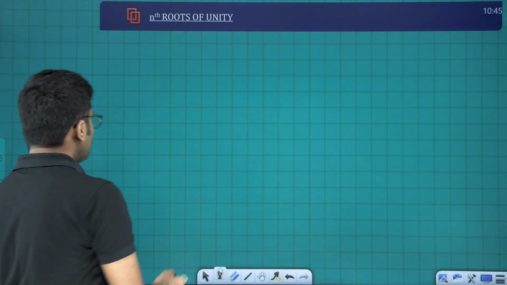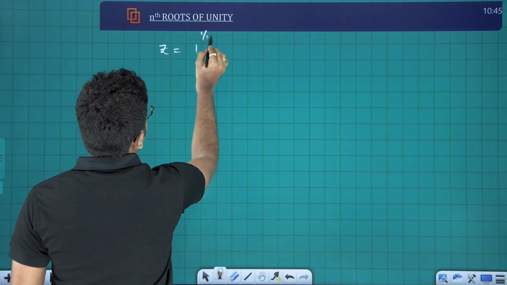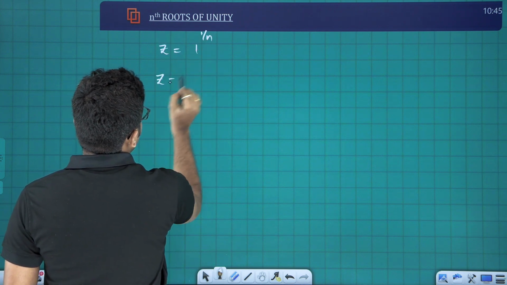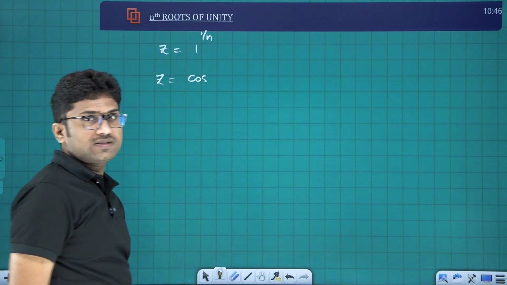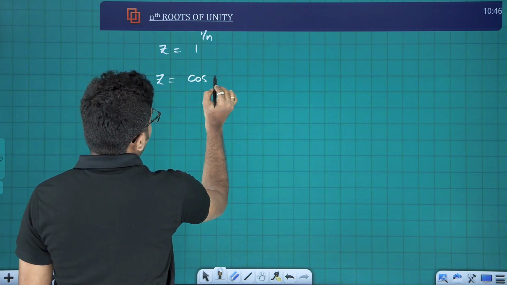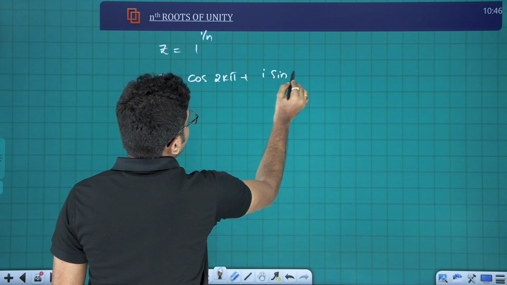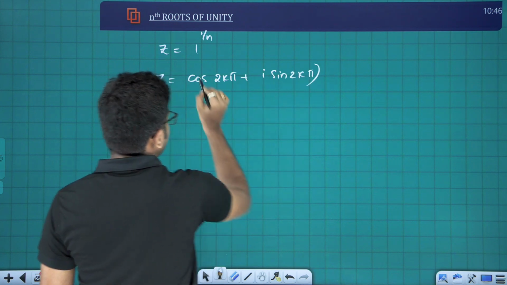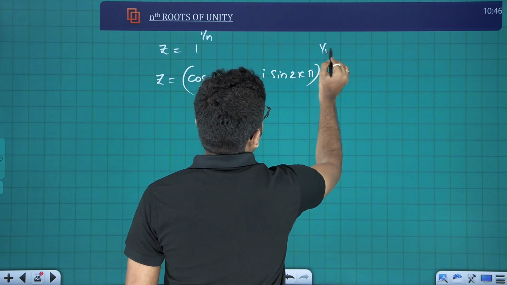In the same way, for nth roots of unity, let's say z is equal to 1 to the power 1 by n, okay? Now z is equal to, this 1 we can write as (cos 2k pi plus i sin 2k pi), k being any integer, whole power 1 by n.